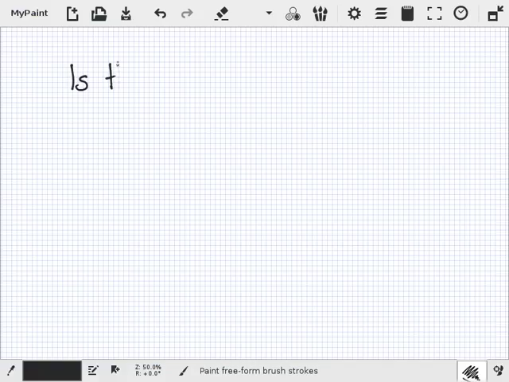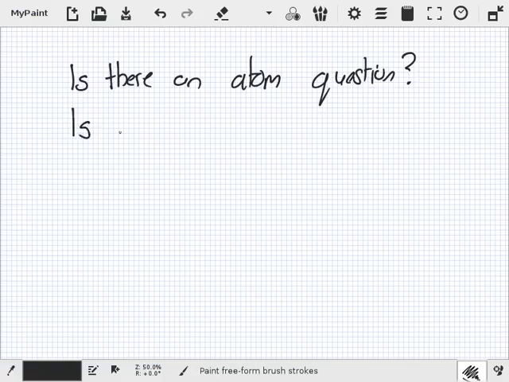So when you look at section B, this is the first question: is there an atom question? If the answer is yes, you do it. Sometimes you will be very lucky and you can ask yourself this question: is there another atom question?